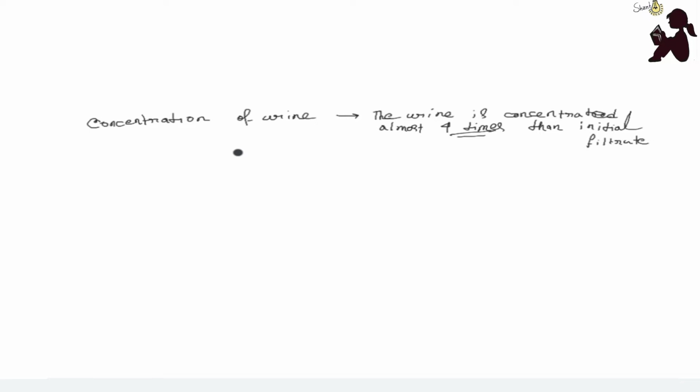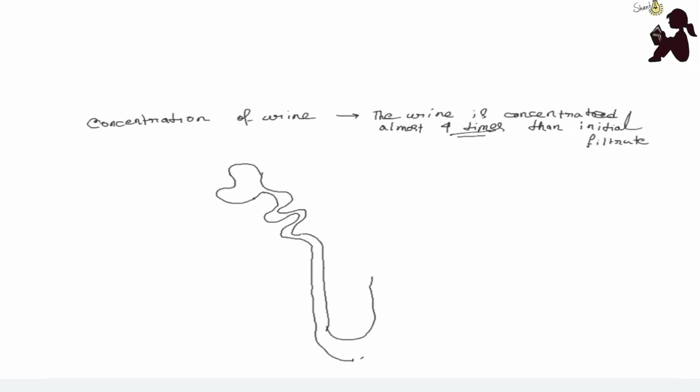Now see, suppose this is your nephron. Okay, this is your PCT, there you go, the loop of Henle, this is your DCT, and it joins the collecting duct.